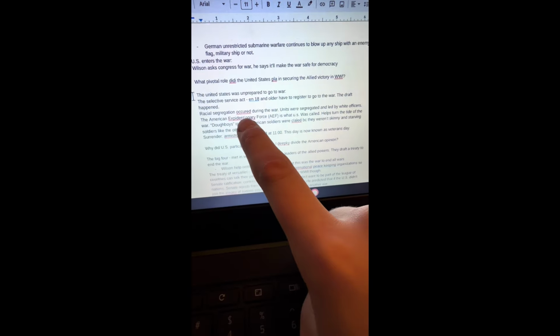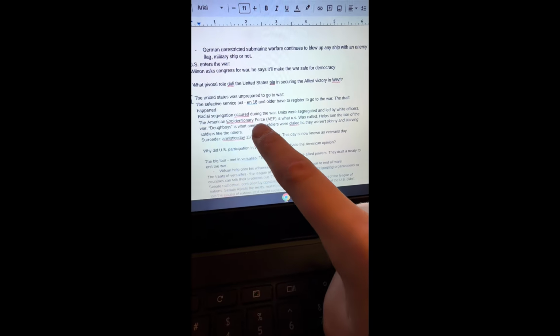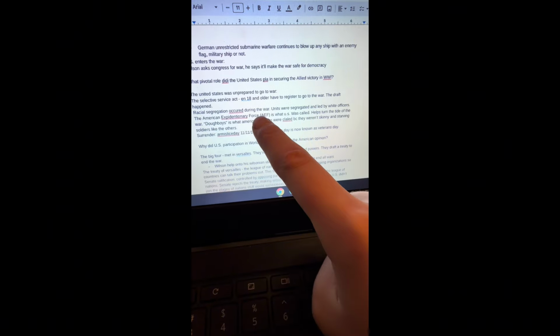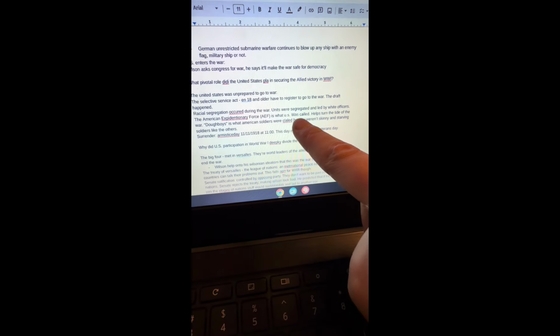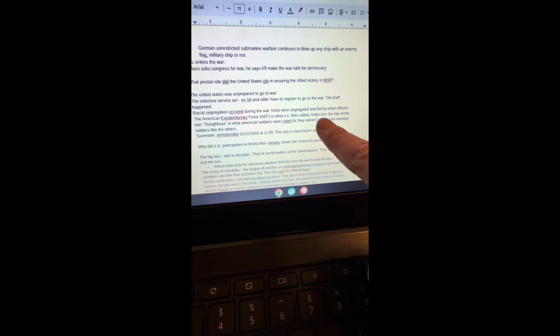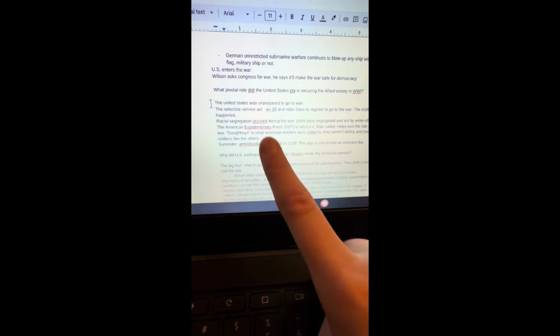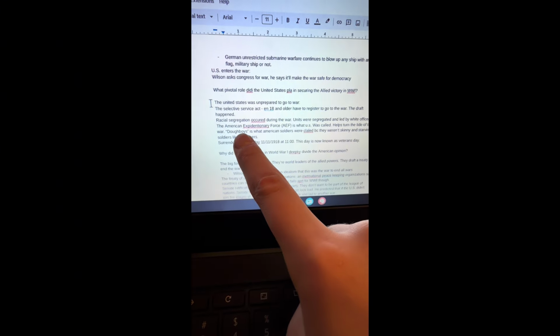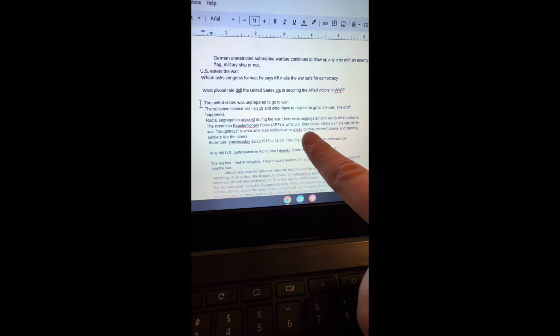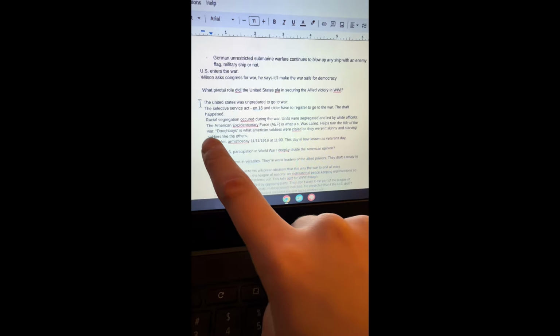Next, the American Expeditionary Force, aka the AEF, is what the U.S. was called. It helps turn the tide of the war. And then, in detail, I wanted to add that the doughboys is what American soldiers were called, because they weren't skinny and starving soldiers like the others.